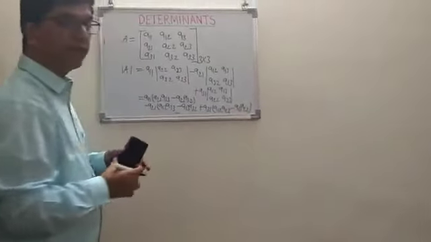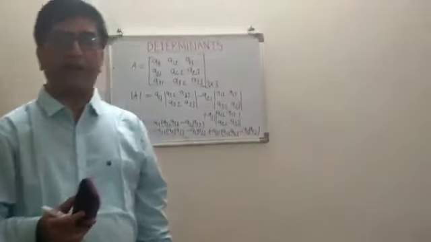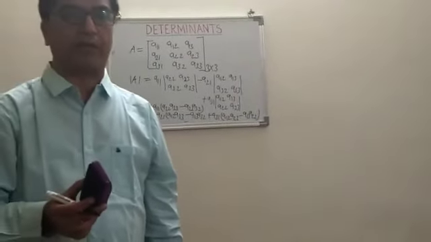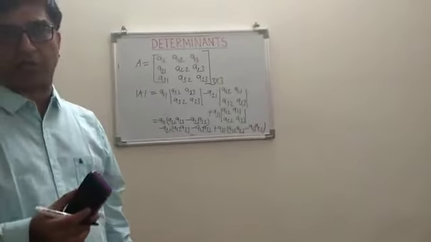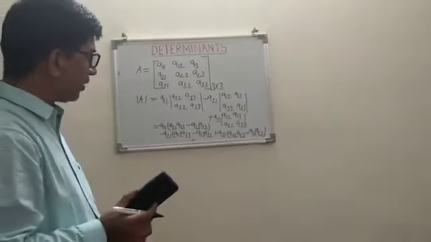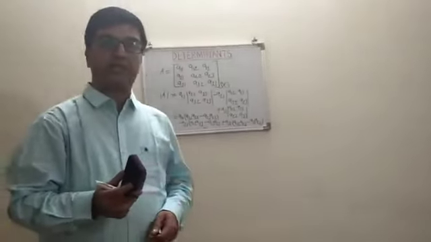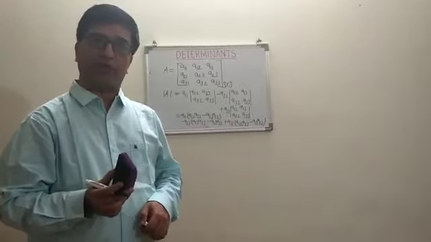In this way, we find the determinant of any square matrix by expanding along its rows and columns. In the next class, we shall discuss the properties of determinants.